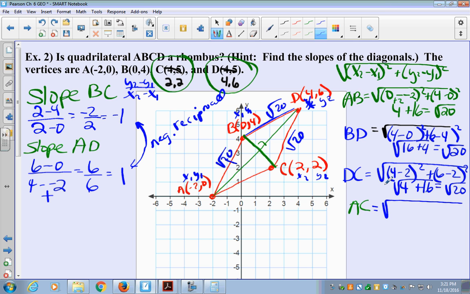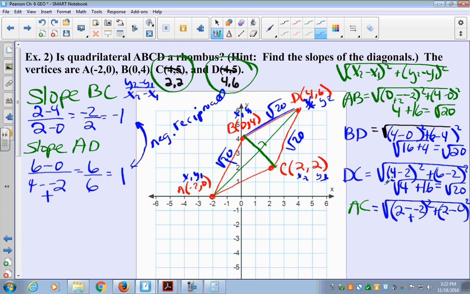So AC, I'm going to go X2. So X2 is 2, minus X1 is negative 2. Y2 is 2, minus 0. So I got 2 minus negative 2, that's the same as 2 plus 2.